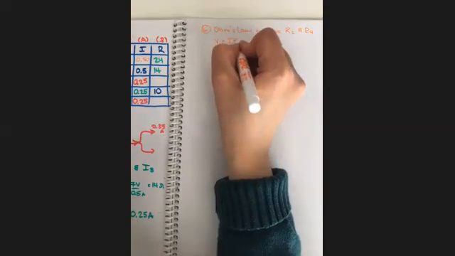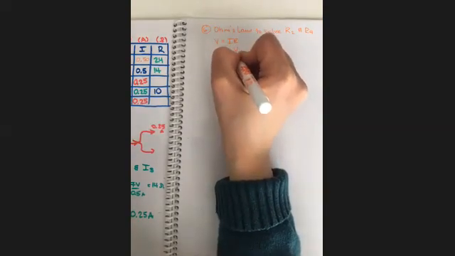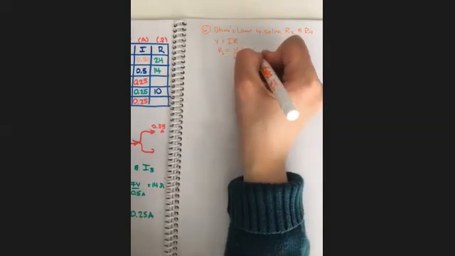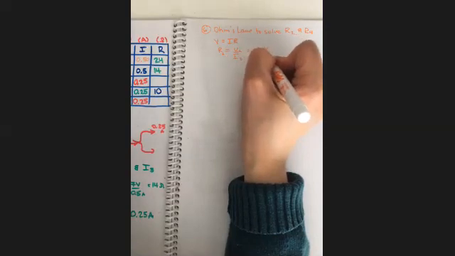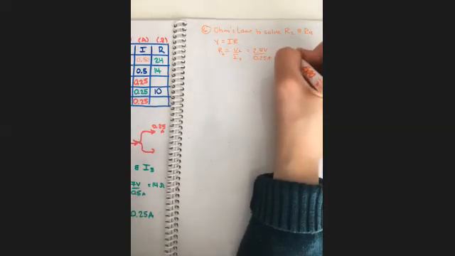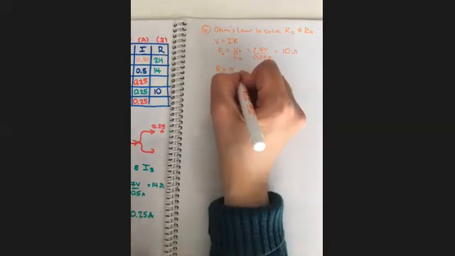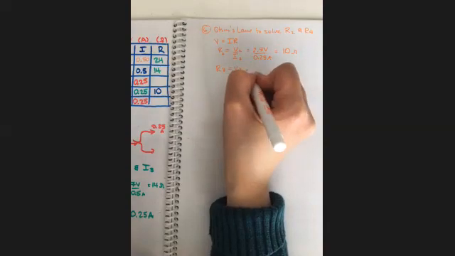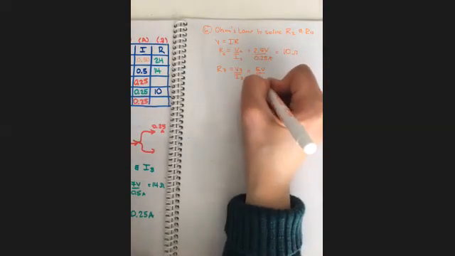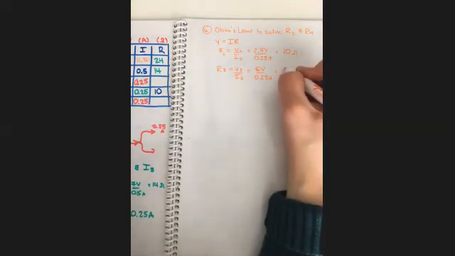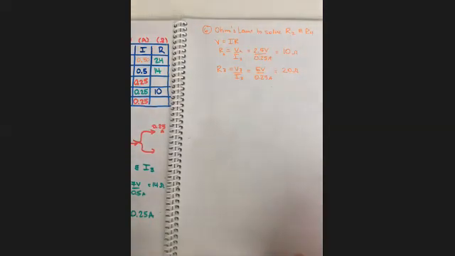V equals IR, R equals V over I. So to find R2, it's V2 over I2, 2.5 volts over 0.25 amps, giving us 10 ohms. Now, careful here. For 2 sig figs, we'd have to report it in scientific notation. R4 equals V4 over I4, so that's 5 volts divided by 0.25 amps equals 20 ohms.